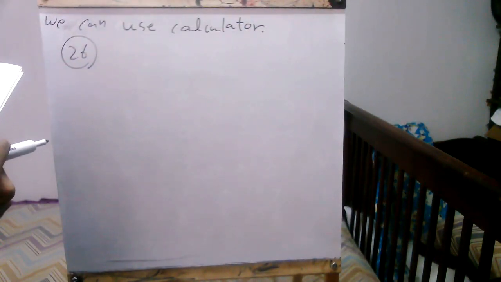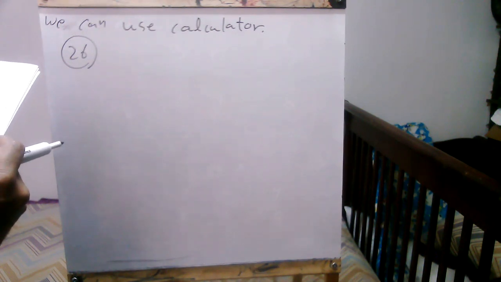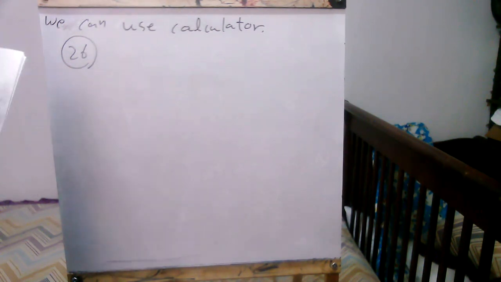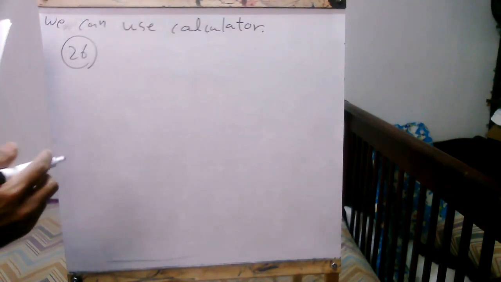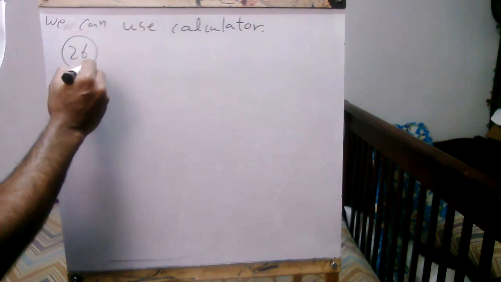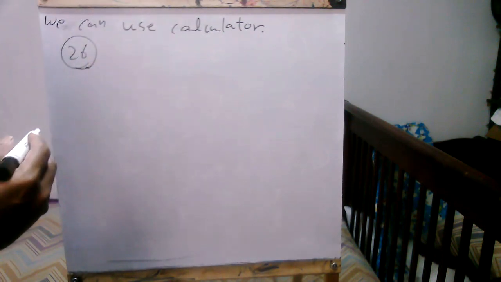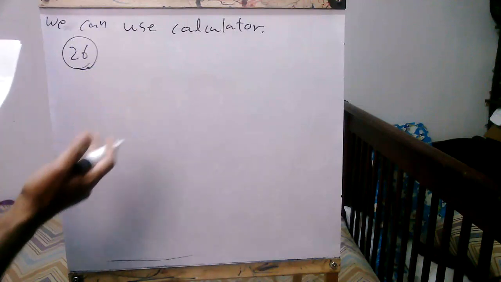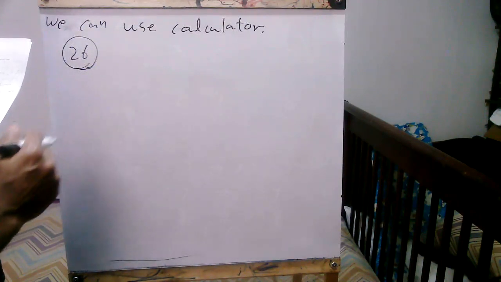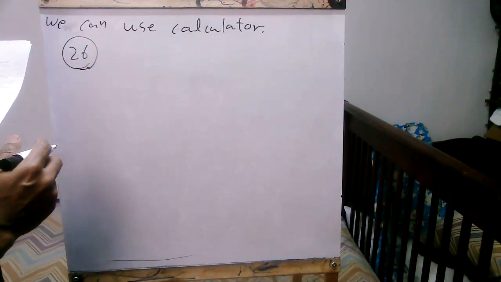Some of the questions on this part of the exam require a calculator. I'm reading from the test. That does not mean you have to use a calculator for each and every question. If we need, we can use it. If we don't need, we do not have to.